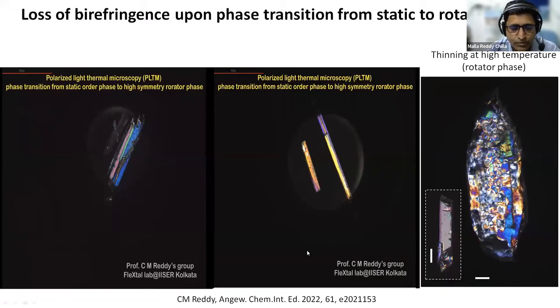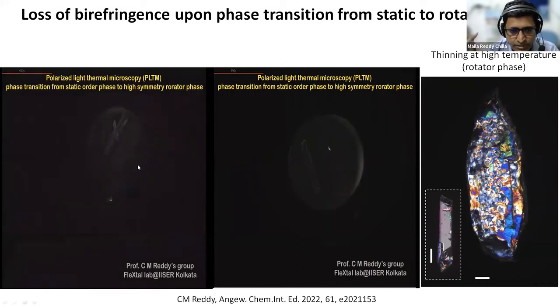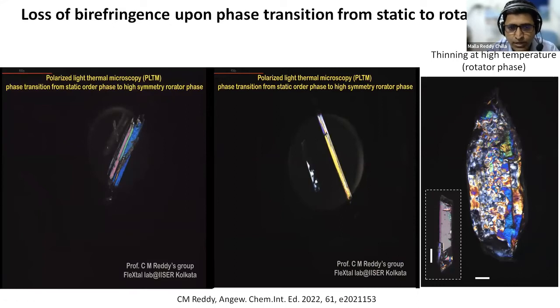Then we looked at it on the microscope using a cross polarizer. As you can see, at the phase transition temperature, the crystals lose their iridescence. This tells us that because of the orientational disorder, you lose the local anisotropy in the form, so they become almost dark.